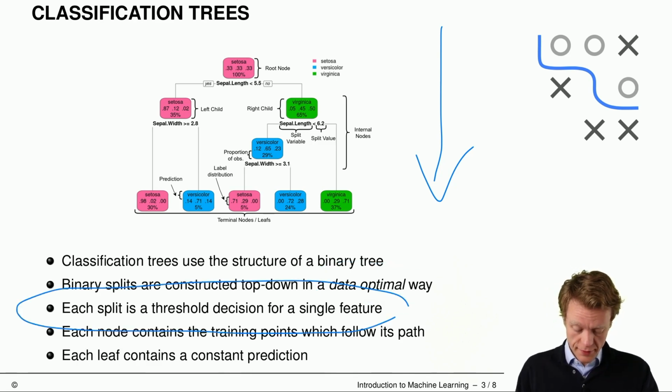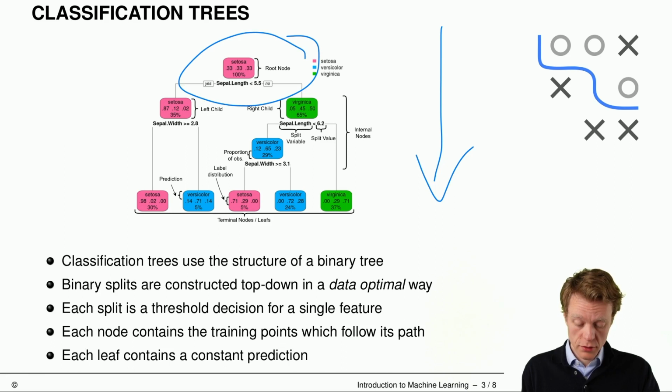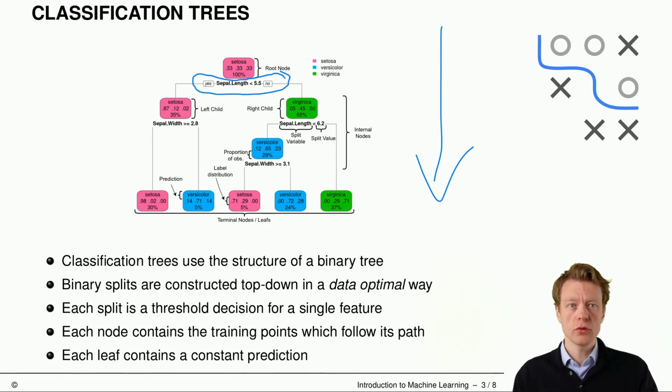Each split is a threshold decision for a single feature. What does that mean? Let's have a look at the first node, the root node, and at what's below this root node box. There it says sepal length smaller 5.5, and on the left hand side is a yes, and on the right hand side is a no. So this means first that we are speaking about the iris dataset, which has 4 features, as you might know, and one of those 4 features is the sepal length.